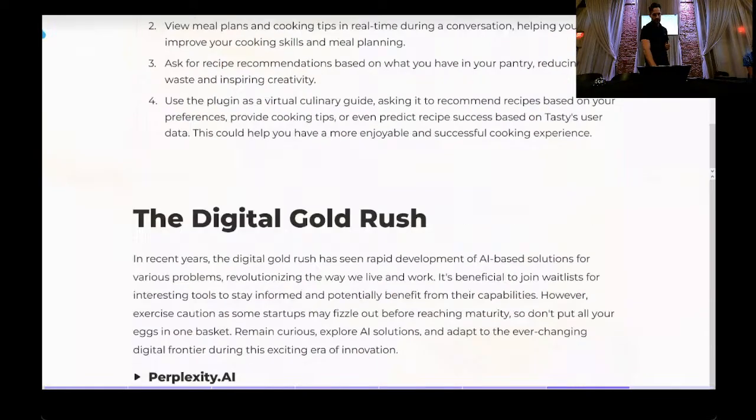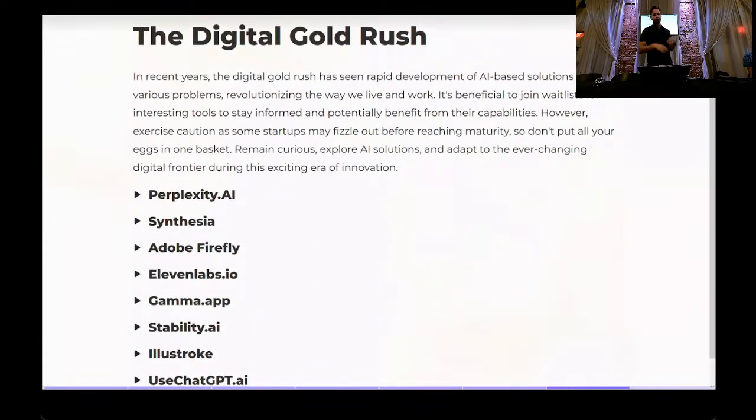Okay, so now let's look at the digital gold rush and some of the tools that you can use that are coming out from these internet startups. So we are firmly in the same position as the internet was in 1992. AI will completely transform this world. I was shocked to know recently, who was it?